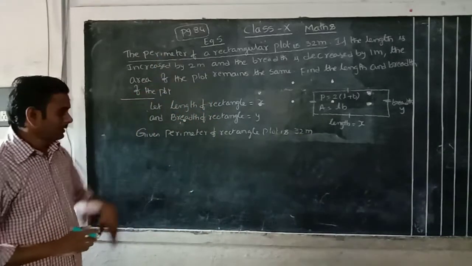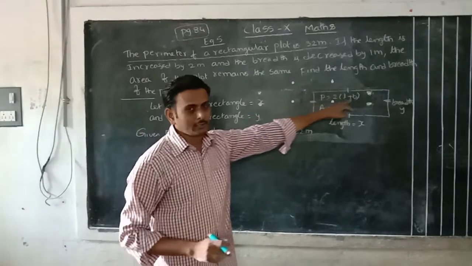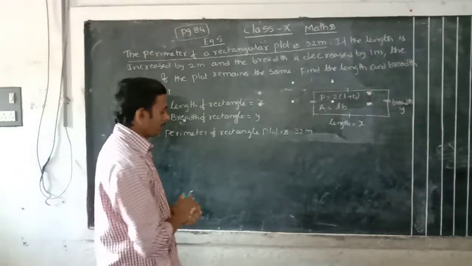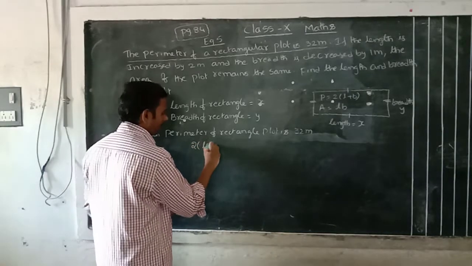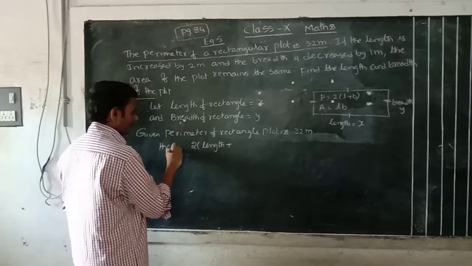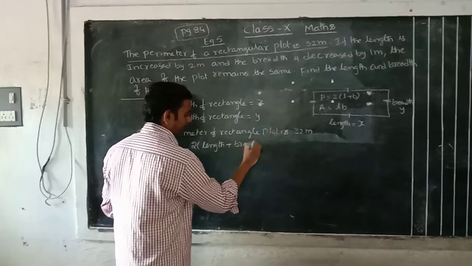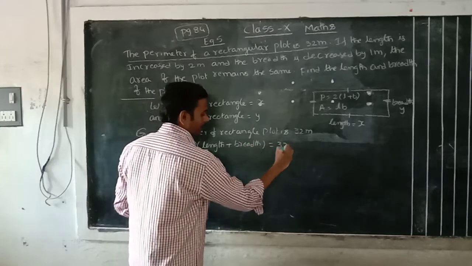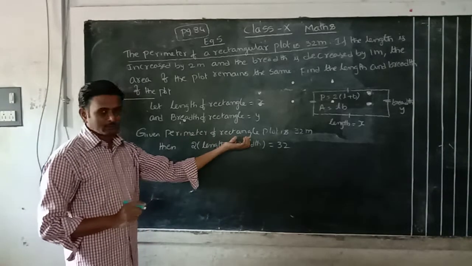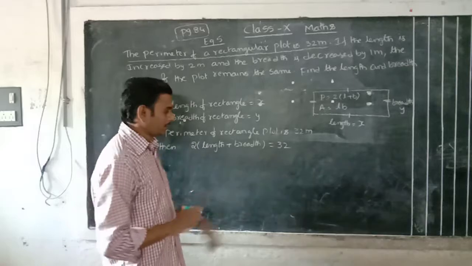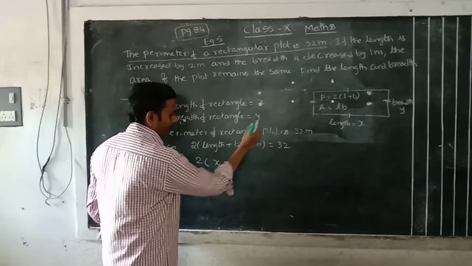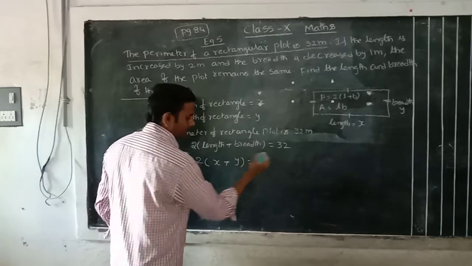That is the first sentence. We know the perimeter formula is 2 into (L plus B), so 2 into (length plus breadth) equals 32. With length x and breadth y, 2(x plus y) equals 32.